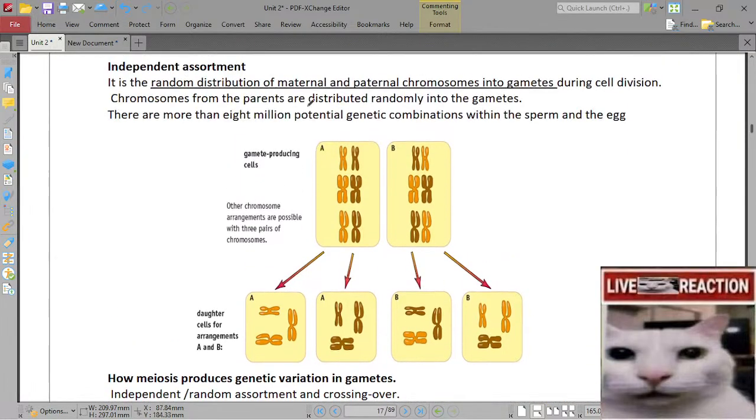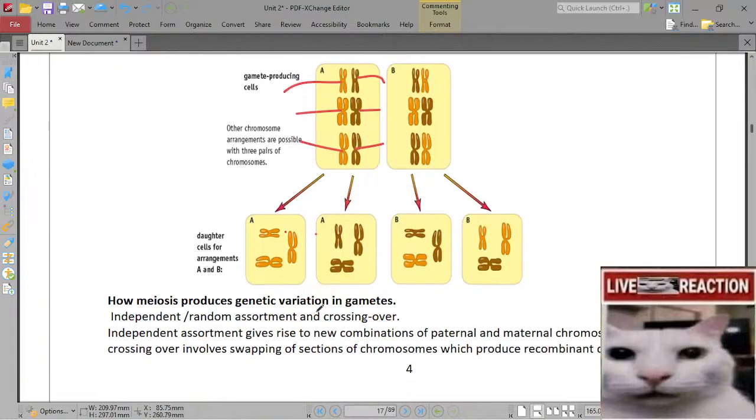This is because of how they lined up. And then at anaphase 1, you'll be separating these apart, right? So this is what these two separate daughter cells would be containing. Now, when this then undergoes meiosis 2, you're going to see that you're going to have loads, right?